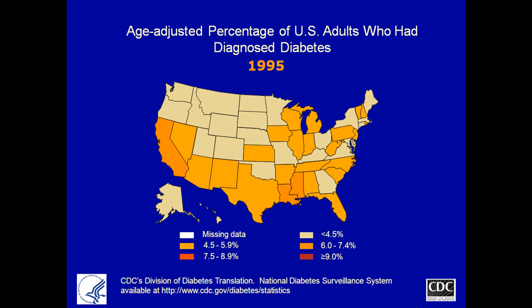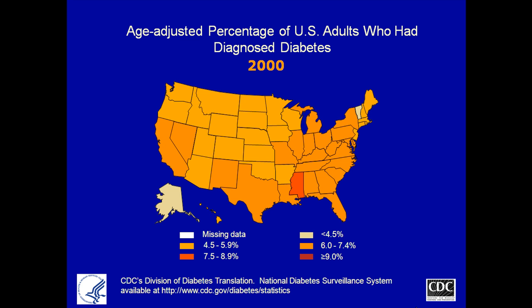Just as a matter of introduction, looking at some CDC websites and some maps that they have about diabetes, looking at 1995, if we specifically concentrate on Oregon, we'll see that it was less than 4.5% incidences of diabetes in 1995.